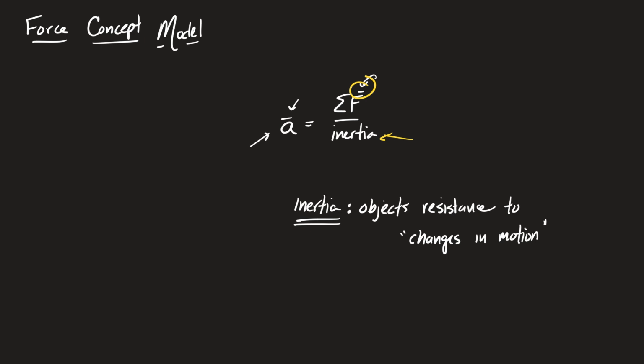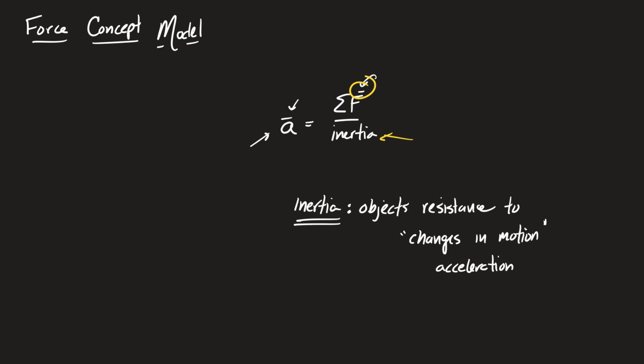This whole phrase, changes in motion, could be replaced with the word acceleration. It's a ridiculous definition because that's what the whole second law is about. The idea that if you apply an unbalanced force, how much the object accelerates depends on how big the object is. So saying that inertia is a measure of its resistance to changes in motion is kind of circular logic.